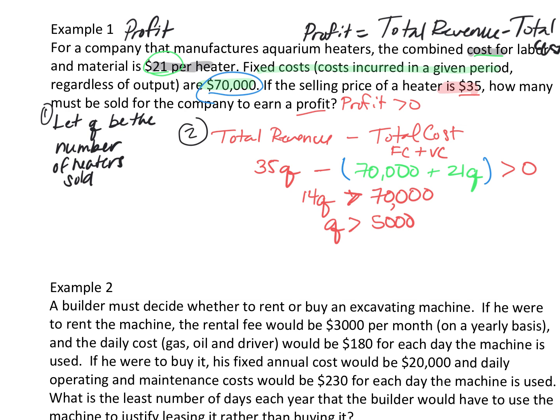So we know that heaters can't be negative, and the quantity has to be greater than 5,000.